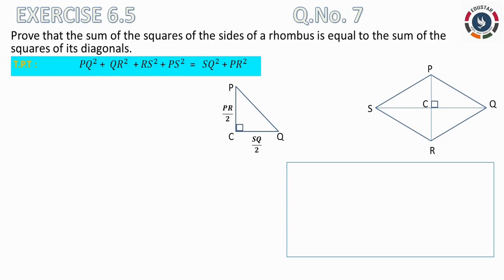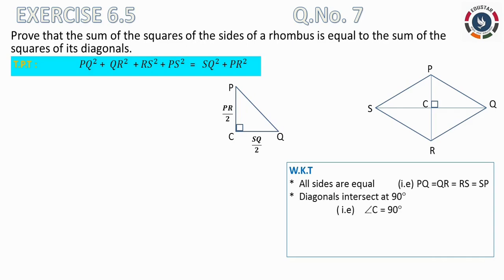I have drawn the diagram here. PQRS is a rhombus. Can you list out the properties of a rhombus? All sides are equal. Diagonals intersect at 90 degrees, making a 90 degree angle in the middle. And diagonals bisect each other.